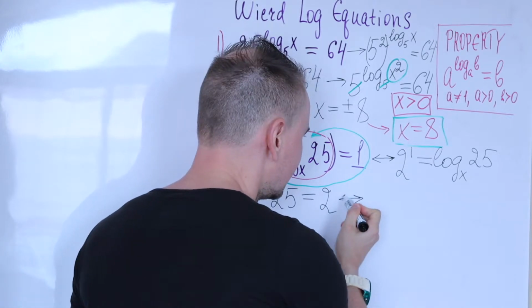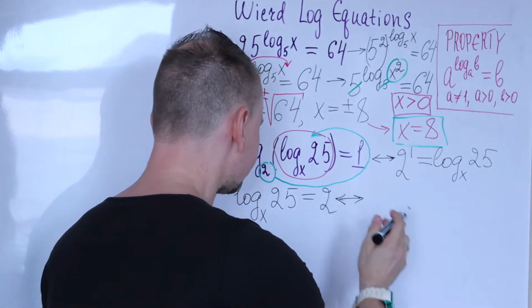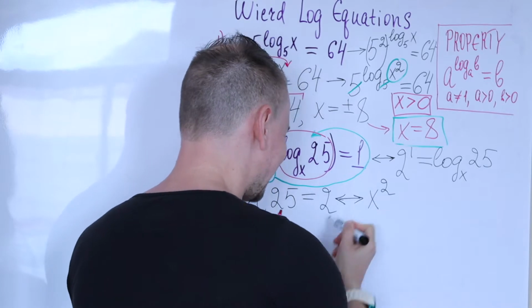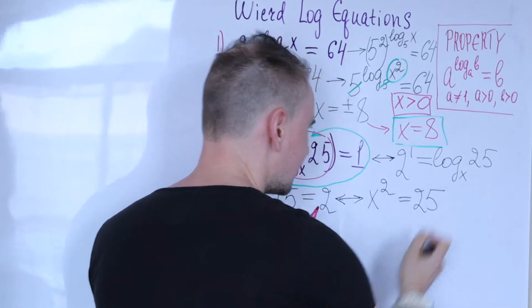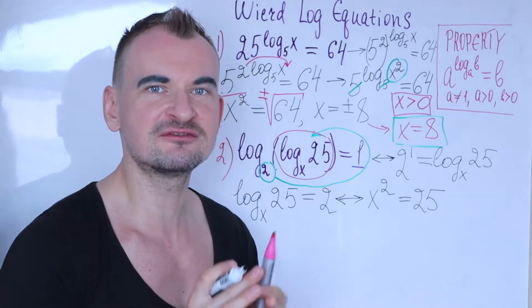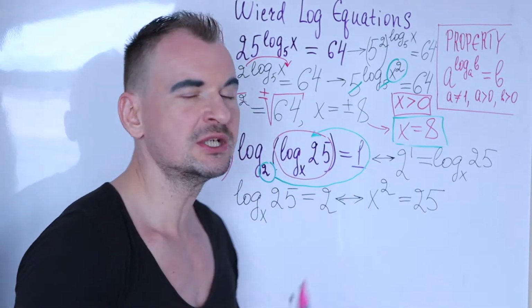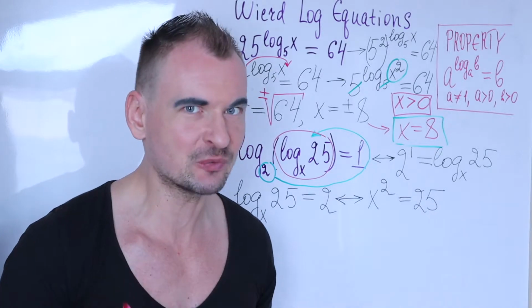Equivalently, x to the second power equals 25. And now we arrived at something like what we had before. It's a basic quadratic equation.